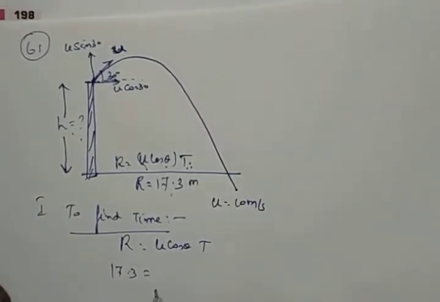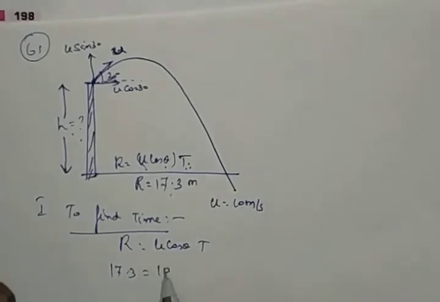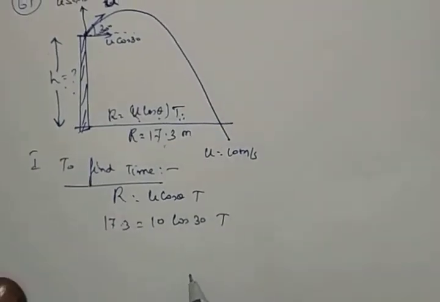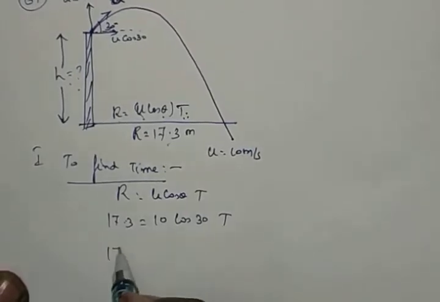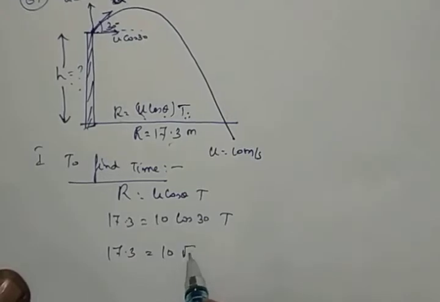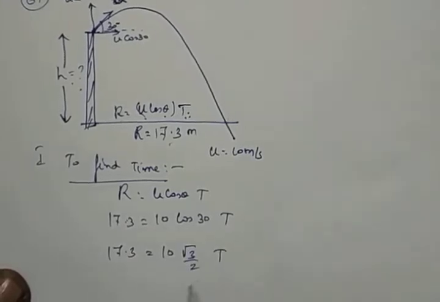So then you get here 10 into cos 30 into t. So what is cos 30? Cos 30 is root 3 by 2. So 17.3 is equal to 10 root 3 by 2 into t.